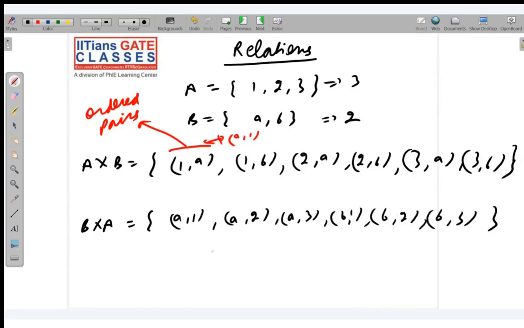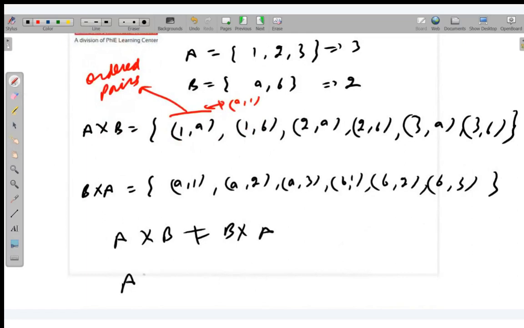Now clearly you can see from here that A cross B is not the same as B cross A, but their cardinality is the same, which is nothing but 6.